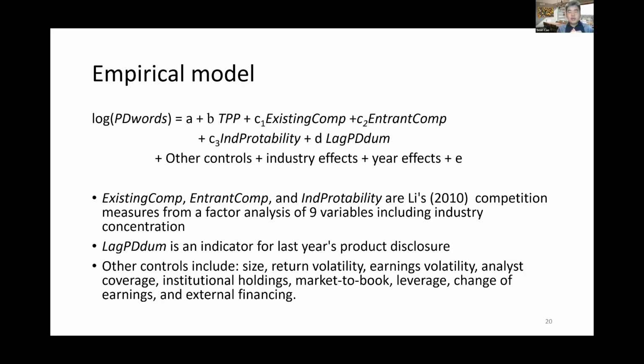If companies are facing high peer pressure, they disclose less future product. If companies are facing low product technology pressure, they disclose more product information. If company managers are doing that, other managers can learn from companies. The small managers, small firms, they will learn.